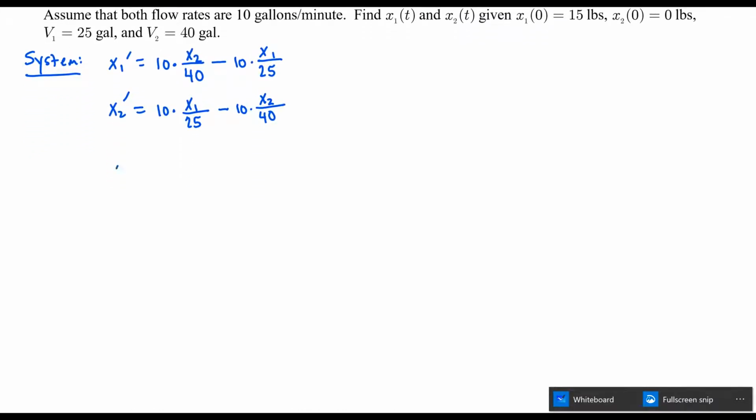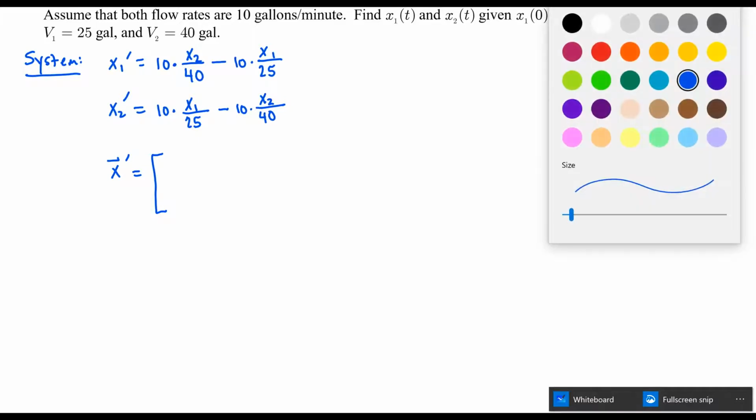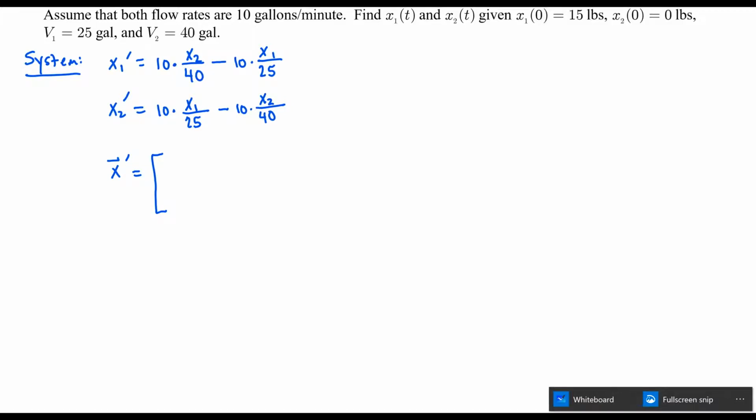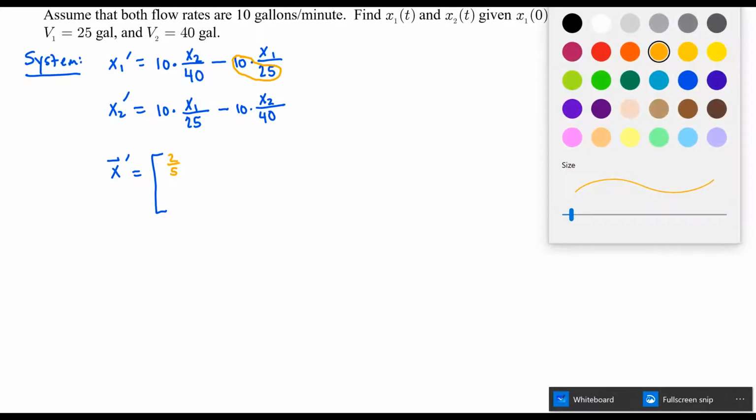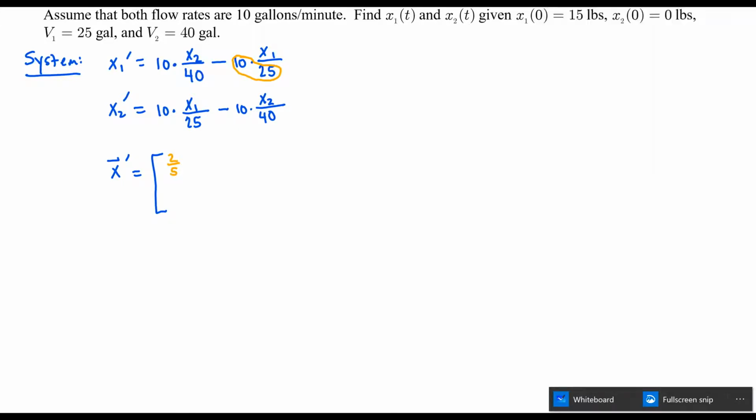So we could say x bar prime is equal to, let's work on our coefficient matrix and be really careful here because I have to have my matrices in standard form. So I'm going to start with the coefficient of x sub 1, 10 over 25, that reduces to 2/5. And then I'm going to work on the coefficient of x sub 2. And I missed a negative.